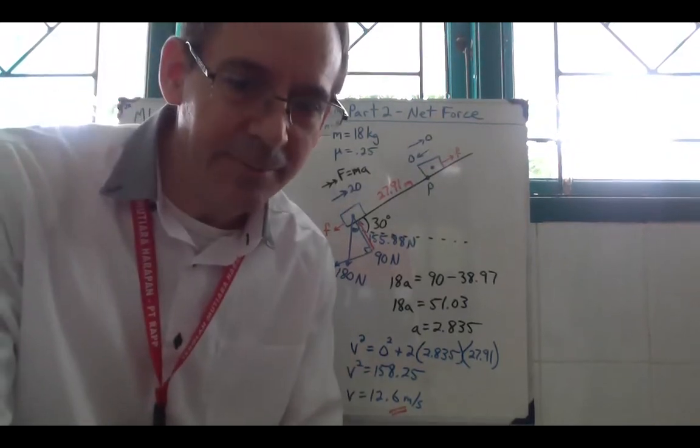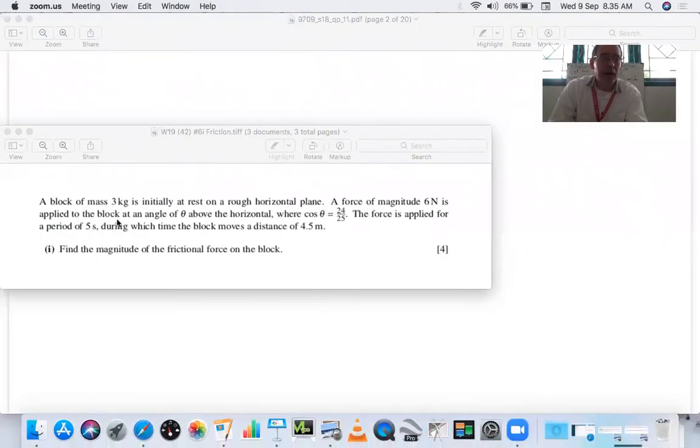Okay, so let's set up another problem. Okay, let's get into our second question here. And let's go to the screen so we can read it. It says a block of mass 3 kilograms is initially at rest on a rough horizontal plane.